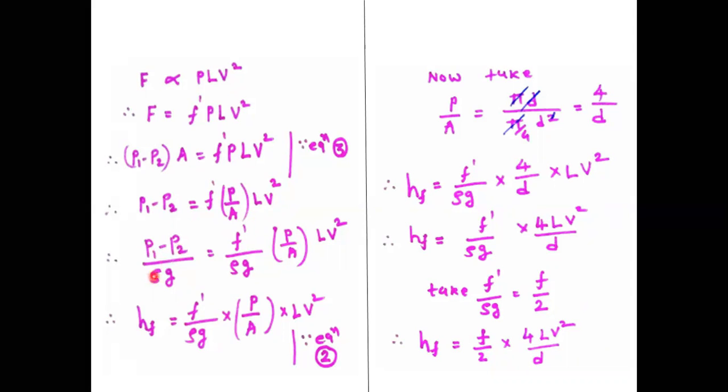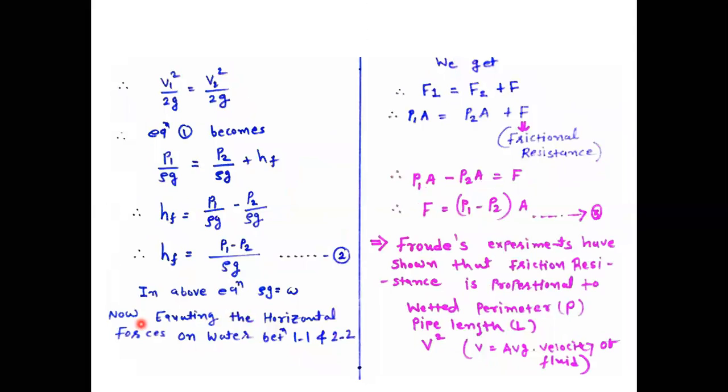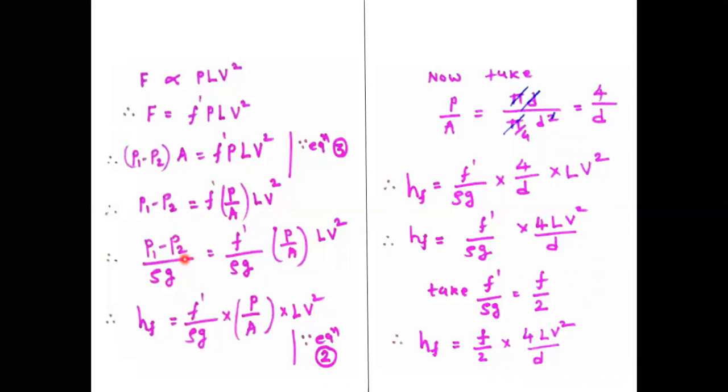P1 minus P2 by rho g is HF from equation number 2. This equation. P1 minus P2 divided by rho g is HF. So instead of P1 minus P2 by rho g, I put here HF. F dash by rho g as it is, P by A as it is, L V square as it is.